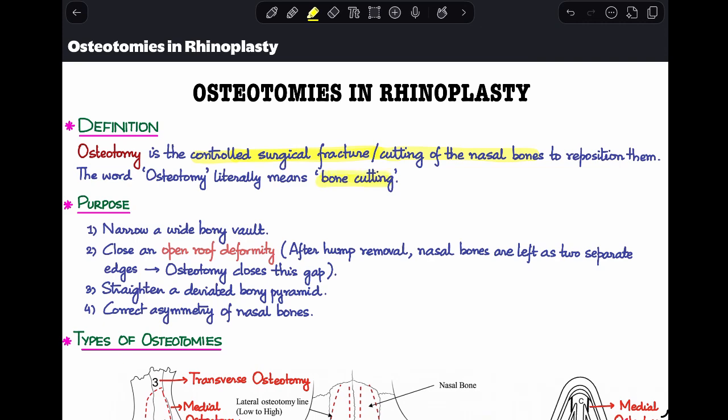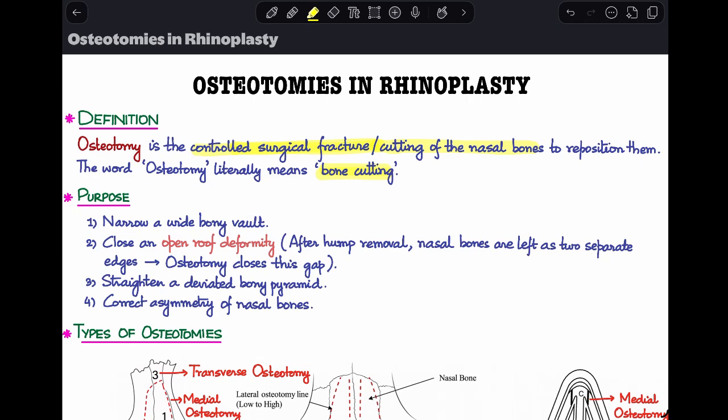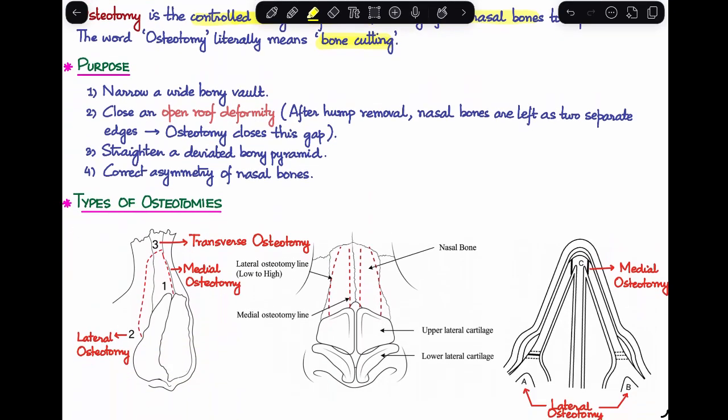Now, what is the reason? What is the purpose of doing osteotomies in rhinoplasty? We have multiple purposes here. So, if you remember the steps of rhinoplasty, after removal of the hump, because you have removed the hump, now there is an open roof deformity left behind. So, if this was the nose, let me draw a side view. This was the nose, this was the hump.